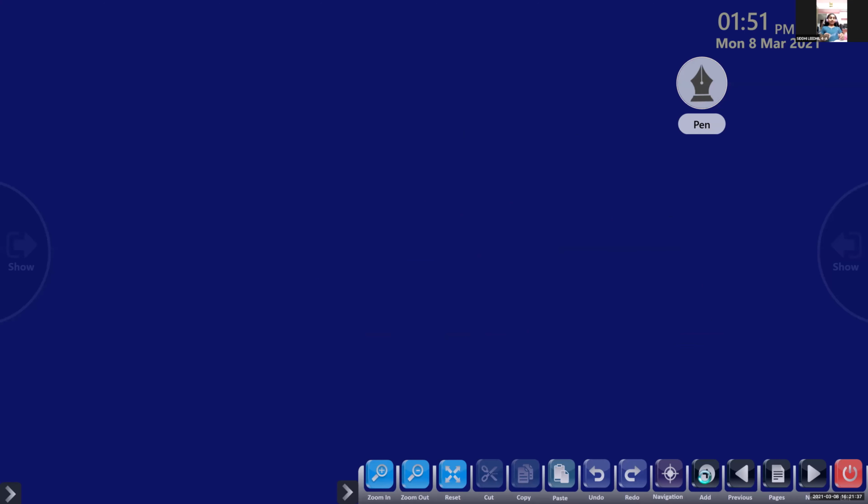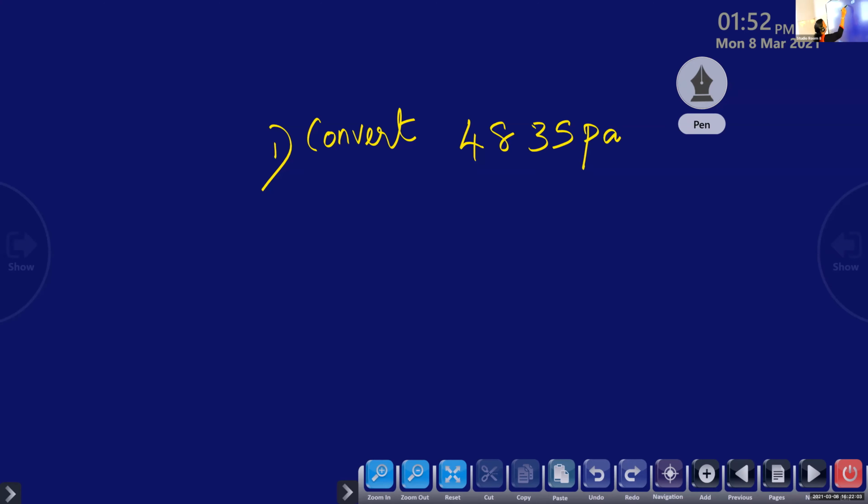Yes, children. Revision book itself. Where we have written till now, the same book. Okay, now we will start again with 1. So write: convert 4835 paise into rupees and paise.